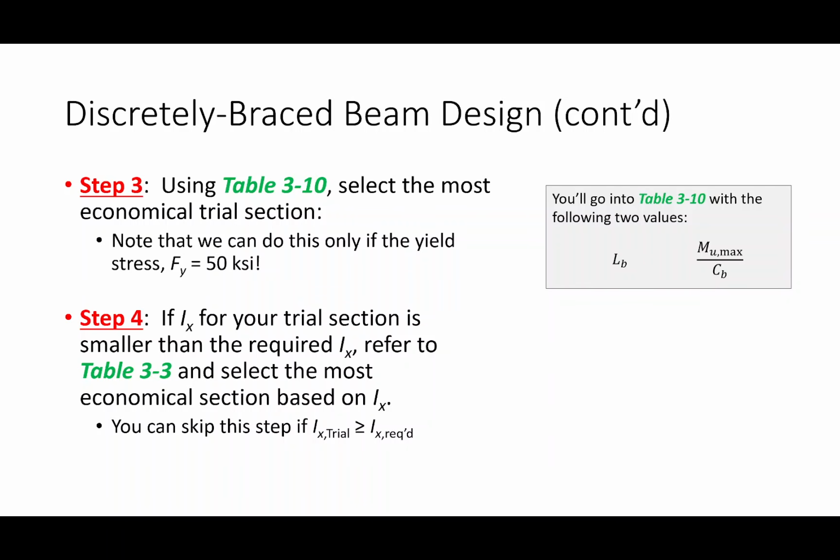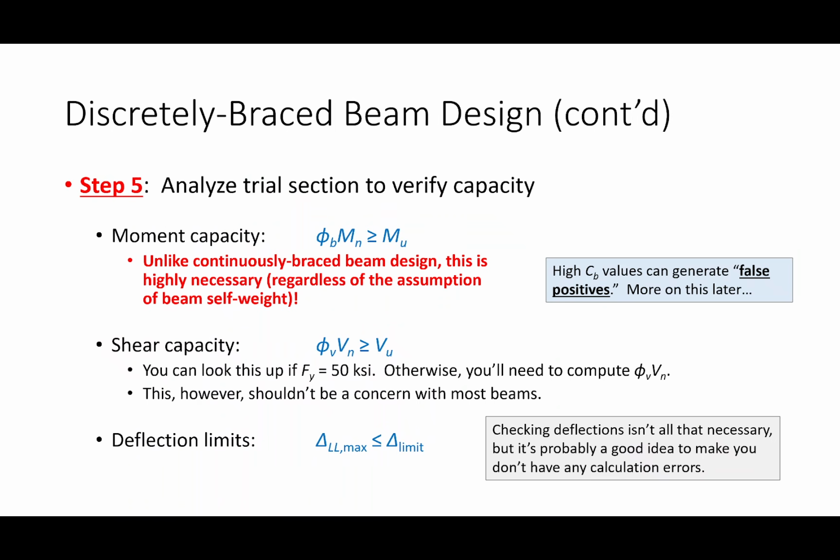Now if we look at that trial shape and we find the trial shape has a much smaller moment of inertia than what we need, we go to table 3.3 and we look up the section. So that didn't change either. And you can skip this step if that isn't the case. If you find that your moment of inertia is more than adequate, then just skip step 4 and go on to analysis land. Okay, and as for analysis land, what do we need to do? We need to analyze moments, shears, and deflections.